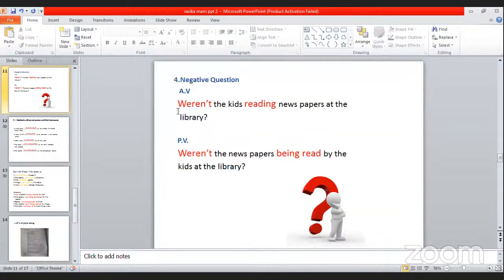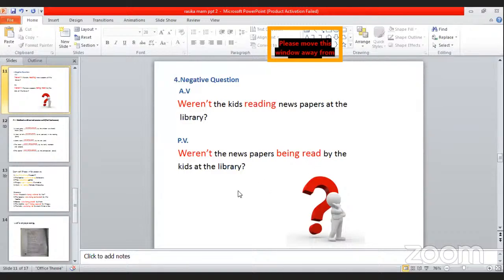Why? Because we are going to form the negative question, right? With a question we use were, as you can see on the previous slide. Then in the negative question, you have to use the word weren't. Weren't the newspapers, and being should be here. Even in present and past, in all continuous tenses in passive voice, being should be here.